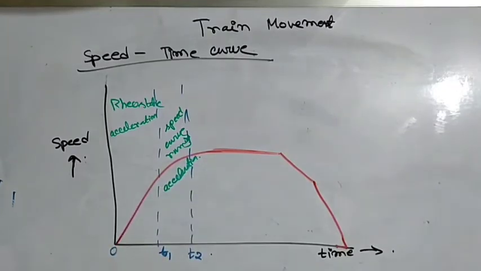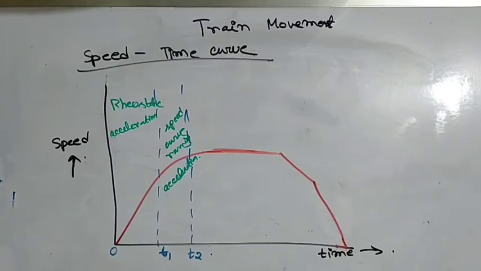Now when all starting resistance has been cut out, the tractive effort exerted by the motor is more than the train resistance, and the difference of the two is responsible for further acceleration of the train. We should however mark one difference between the acceleration, which is constant during the period 0 to T1, and the acceleration which decreases with speed during the period T1 to T2.